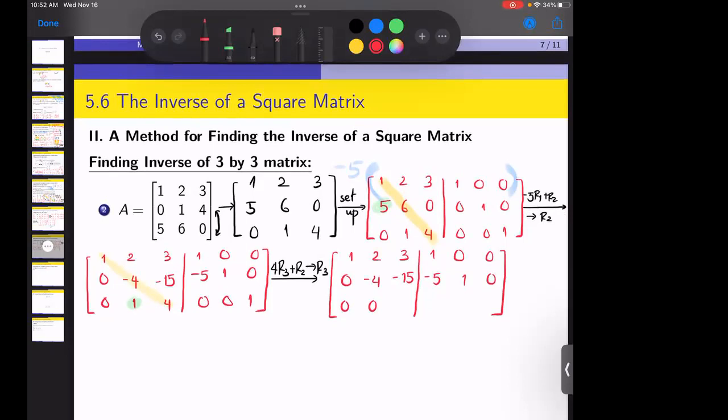4 times 4 is 16 plus -15 is 1. 4 times 0 is 0 plus -5 is -5. 4 times 0 is 0 plus 1 is 1. 4 times 1 is 4 plus 0 is 4.